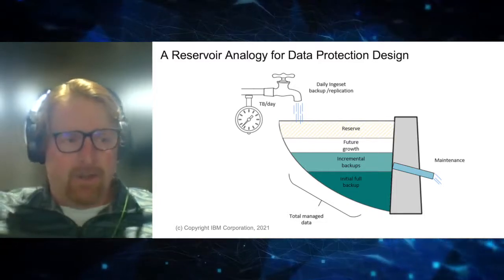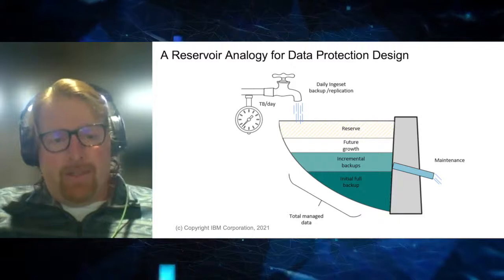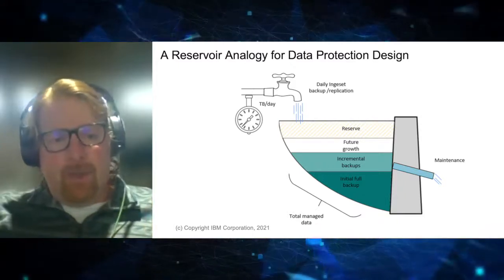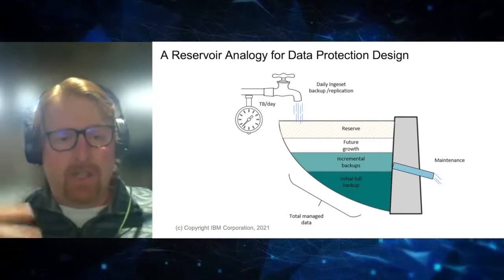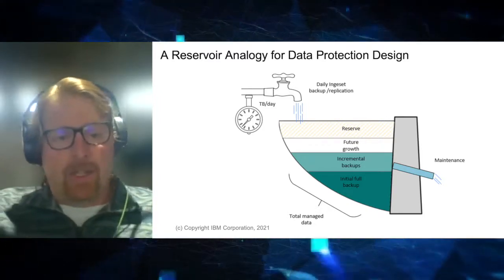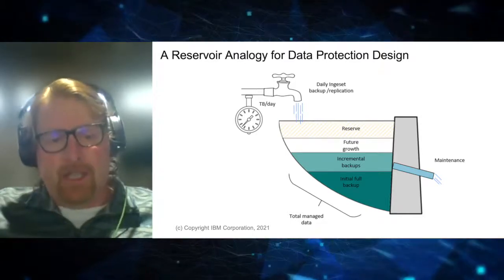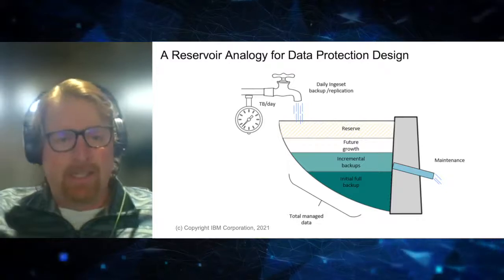And there's sort of a steady state, I call it, where you've filled that reservoir up to what your targeted normal capacity is. And as new stuff flows in, those are the new backups that are coming in, you need to make sure you drain enough of the old stuff so that you're keeping enough room for the new stuff to continuously come in. And so that's where maintenance comes in.